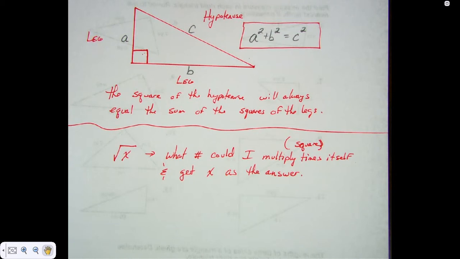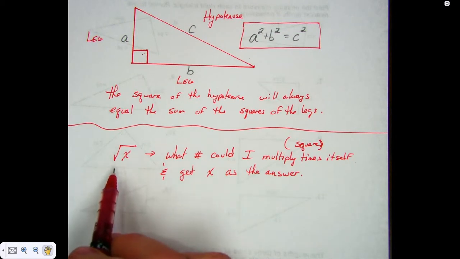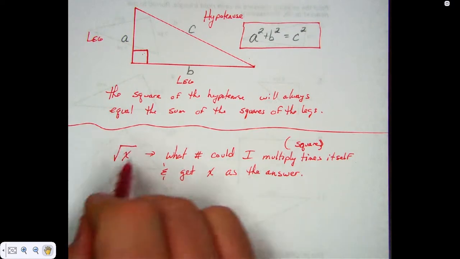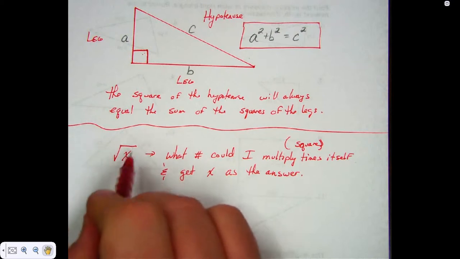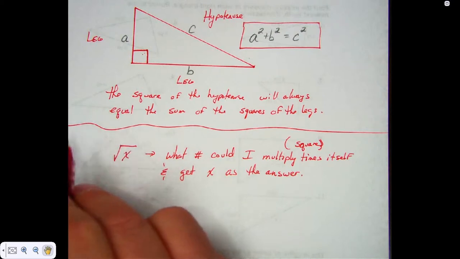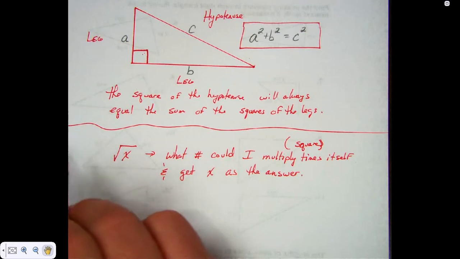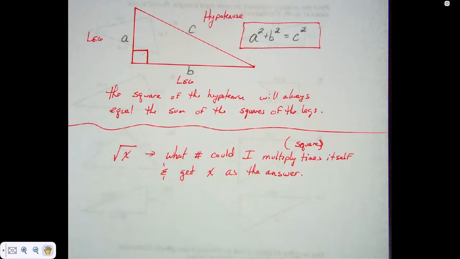You have 6. This is asking you, what number could I square and get that as an answer? As a rule, most of the time you guys will not be able to answer that question exactly, because a lot more numbers than not don't come out even. They get estimated on your calculator when you come out with a decimal.